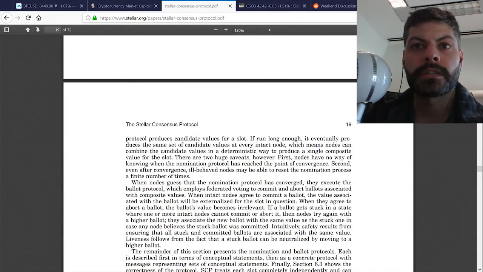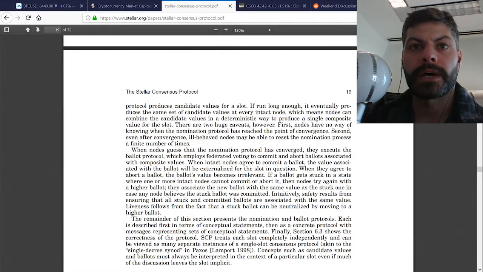When nodes guess that the nomination protocol has converged, they execute the ballot protocol, which employs federated voting to commit and abort ballots associated with composite values. When intact nodes agree to commit a ballot, the value associated with the ballot will be externalized for the slot in question. When they agree to abort a ballot, the ballot's value becomes irrelevant.